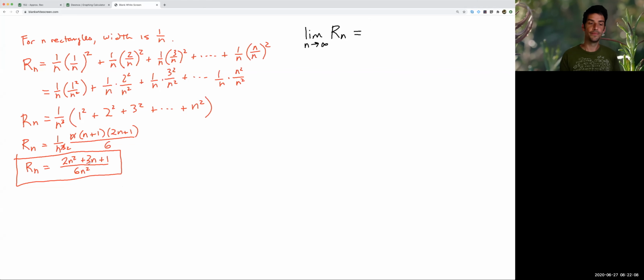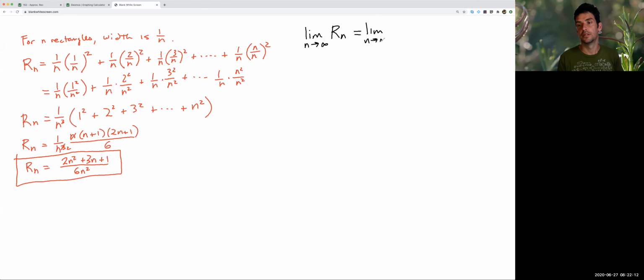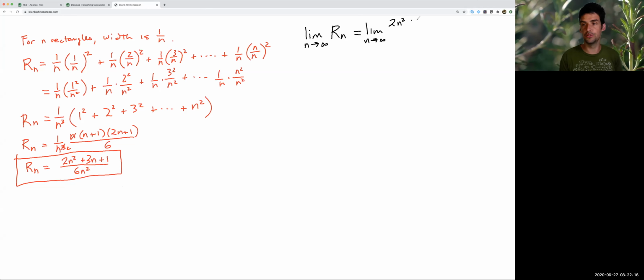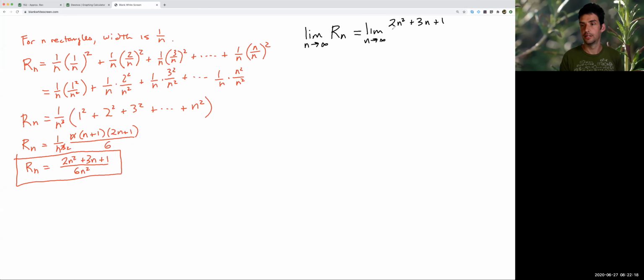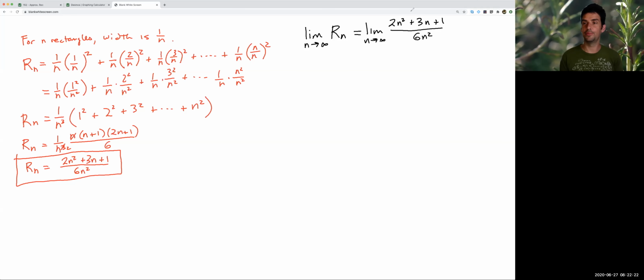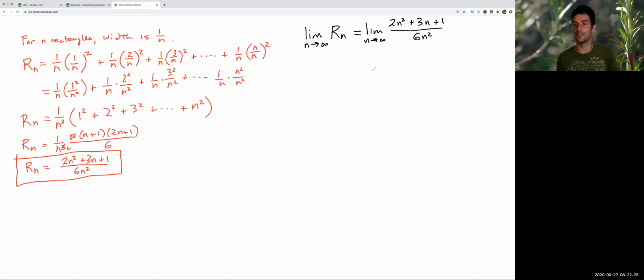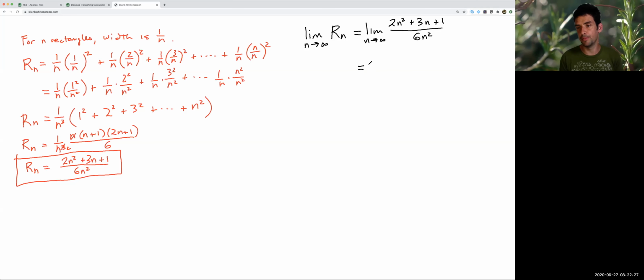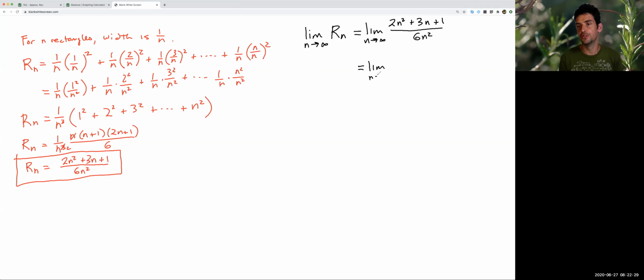Let's take a look. We've now got an expression, right? For every number of rectangles we choose, the area looks like this. Let's take this limit and see what happens as n gets larger and larger. You might remember some tricks for this. Let's just do a little bit of algebra.